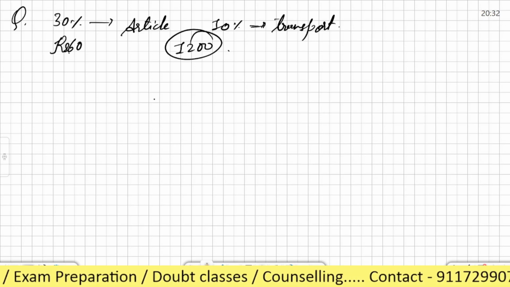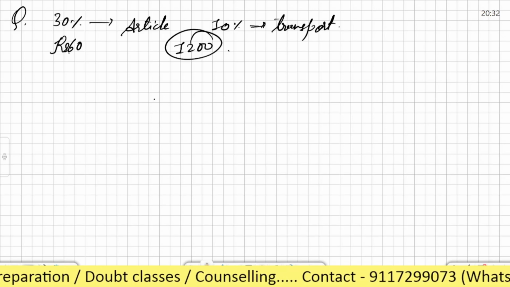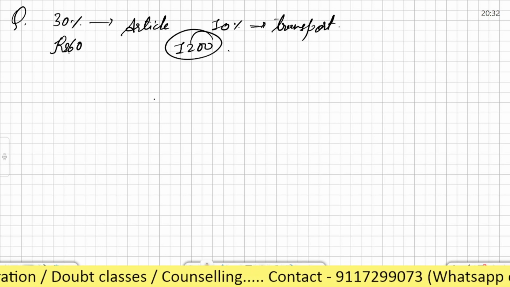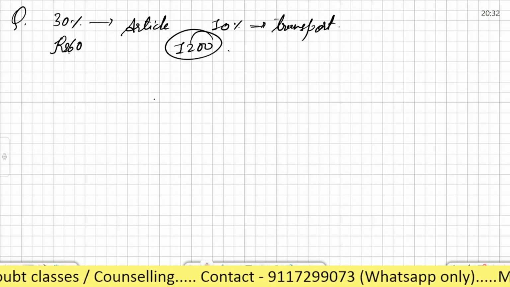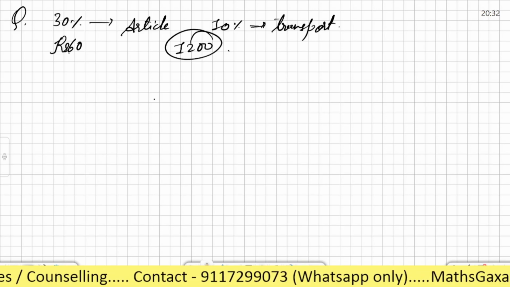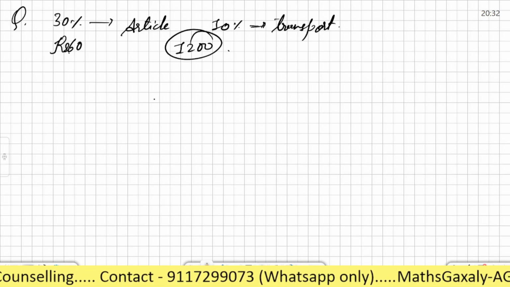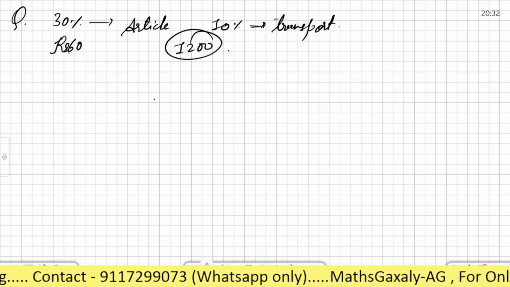This question will be solved in the same way as we solved today's first question, the book. The amount he spent on transport is question mark. Okay, so first try this question by yourself. After that I will explain it.